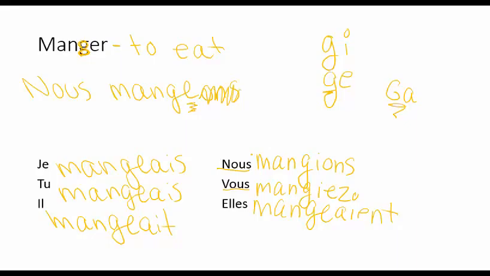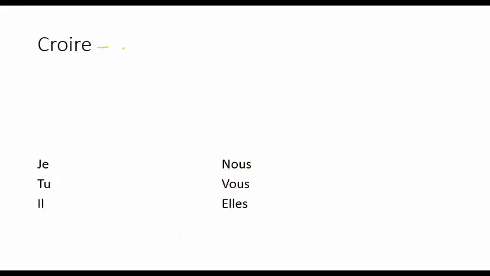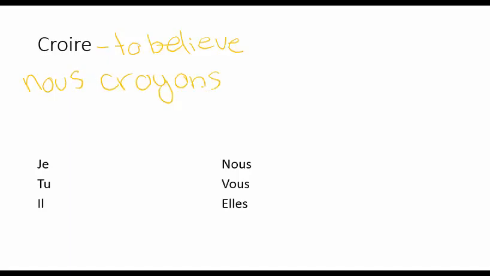So croire, to believe. Now it's irregular in the present tense, but once you've got it, you got it. Croyons. So je croyais. Tu croyais. Il croyait.